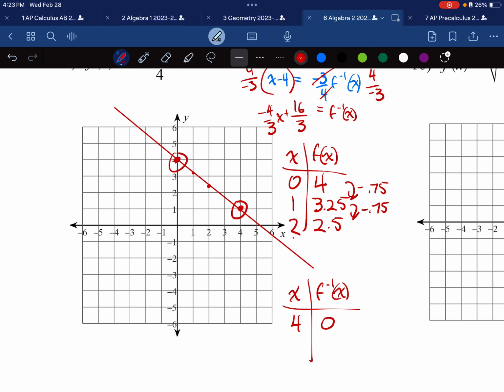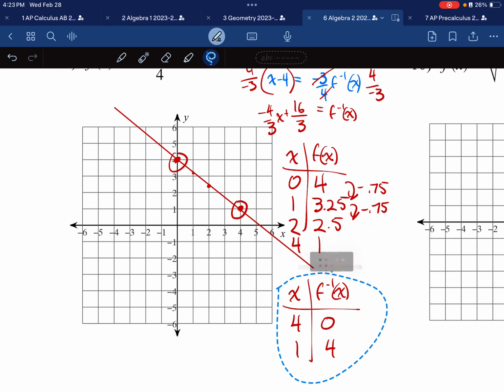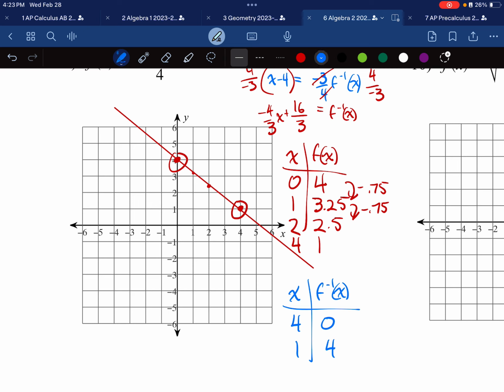So that originally is up here. 4, 1. I'm going to switch that to 1, 4. So I'm going to graph this one in blue. Let me go ahead and change the color of this table so it matches the color of my graph. I'm going to say color blue. That's going to be 4, 0. So 4, 0. And 1, 4 is up there. And I'm going to connect those with a line like so.